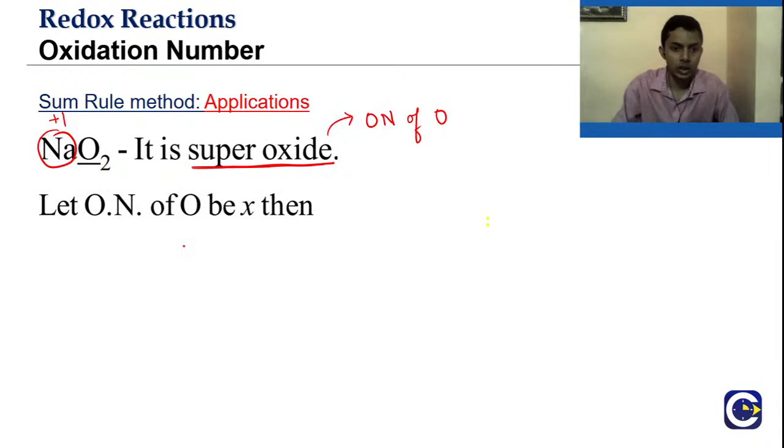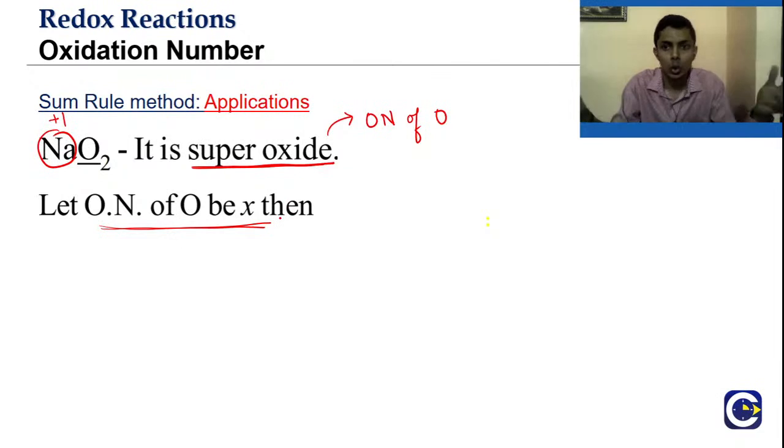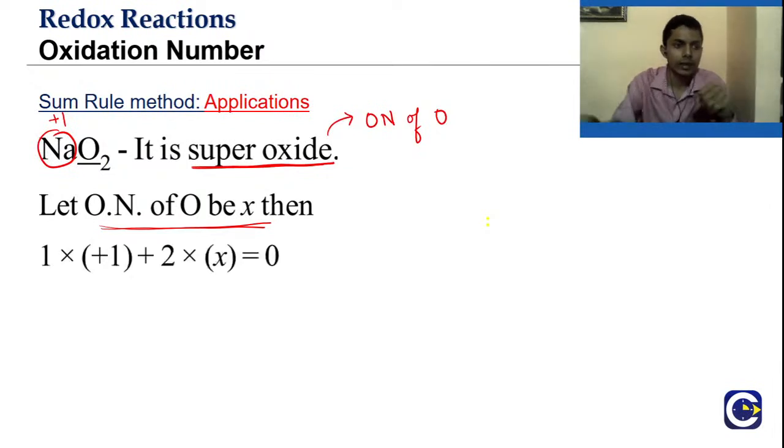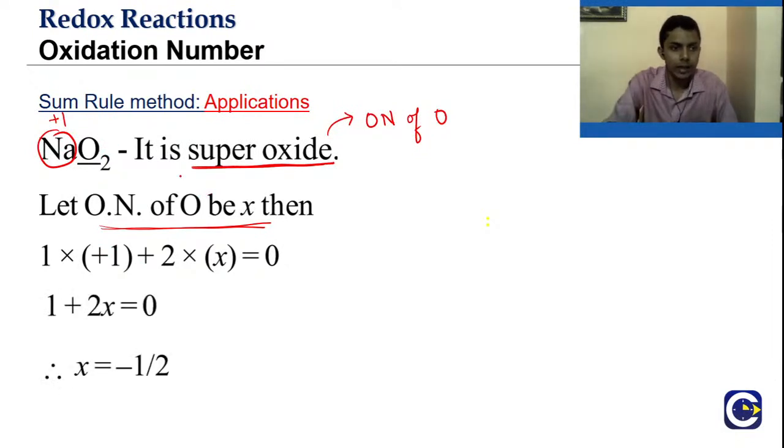Let the oxidation number of oxygen be X, because we don't know it is in superoxide form. By using algebraic sum, we can say +1 plus 2x equal to 0. On solving, we get x to be equal to -1 by 2. Clear?